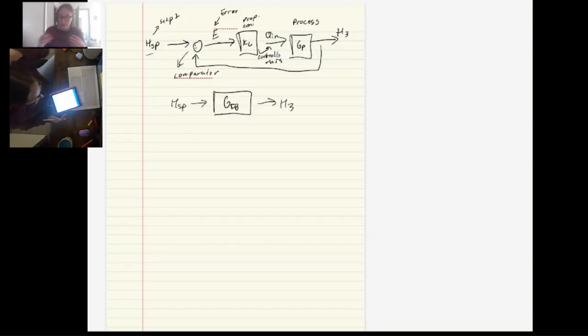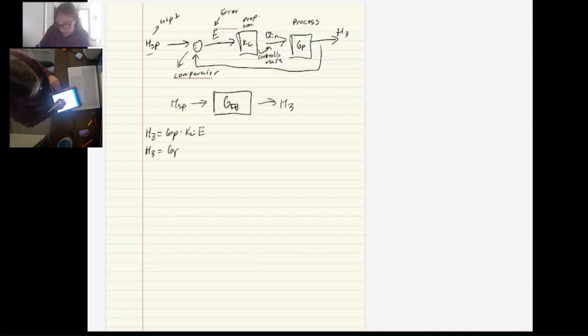So what we can do is we know that for our height of 3, the parameters multiplied by this are GP times KC times our error. We know that our error is going to be our height set point minus our height of the tank at 3.